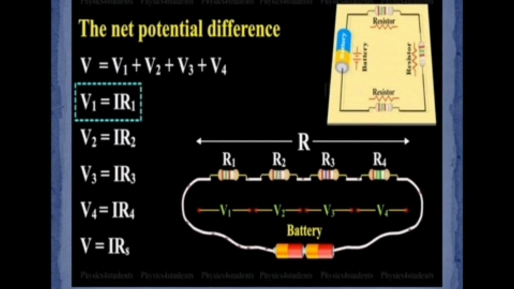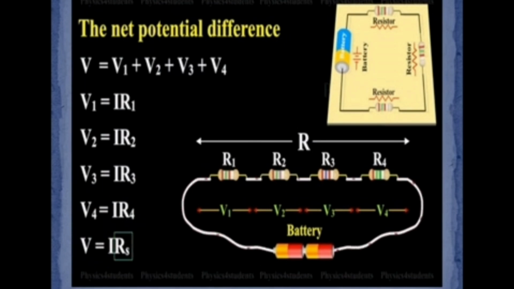For the resistance R1, V1 equal to IR1, V2 equal to IR2, V3 equal to IR3 and V4 equal to IR4. Then finally effective voltage V equal to IRS, where RS is the resistance connected in series. அதுக்காக S போட்டுருக்கோம்.